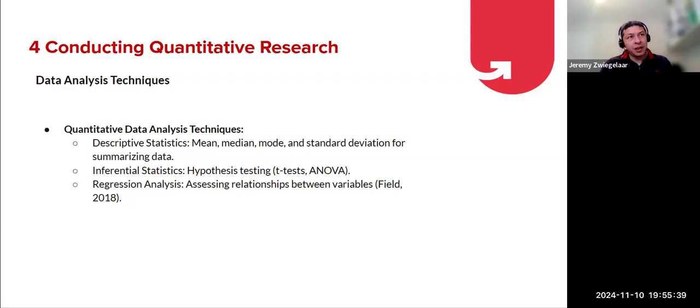We then have inferential statistics, which looks at describing what's happening from the sample to the population, and we use hypothesis testing to test our relationships and also the model that we have created. There's another technique that we can use called regression analysis, which looks at assessing relationships between the variables, and it can be useful for prediction.